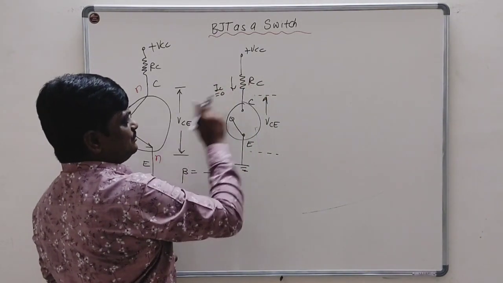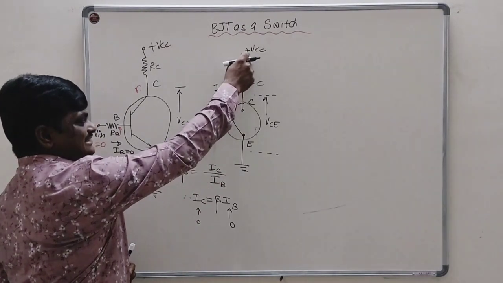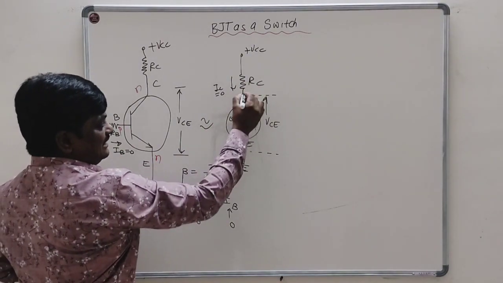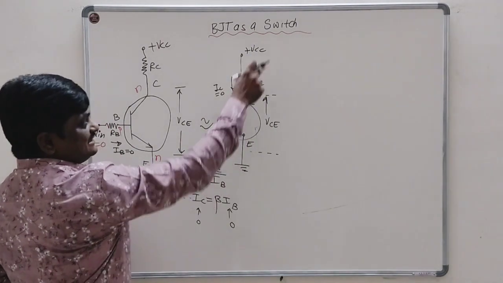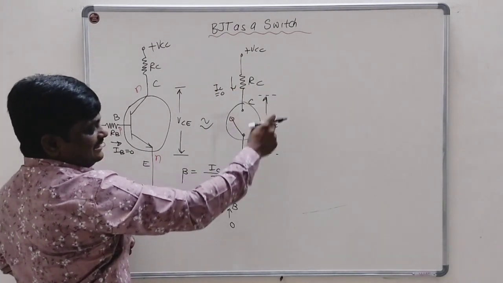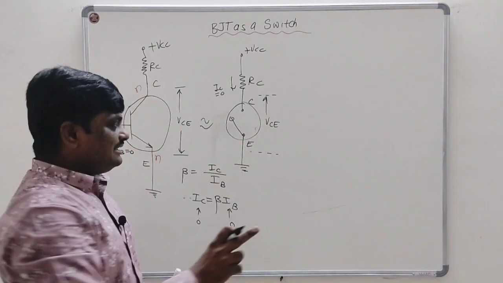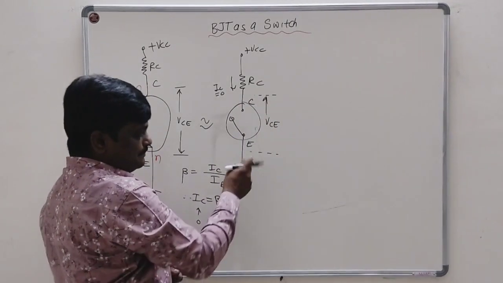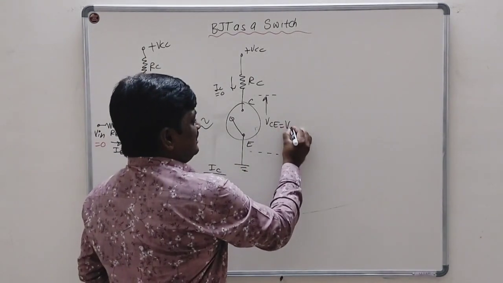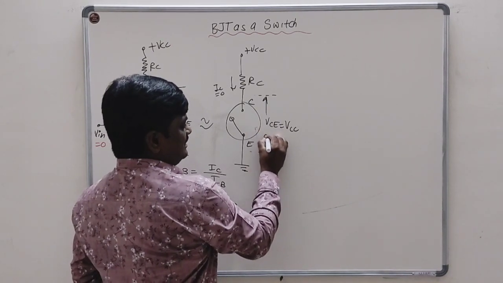It is 0, so there is no drop across RC. Hence the potential at one side of RC will be the same as that at the other side. So at the collector point, the potential is the same as VCC. Hence VC, which is equal to the potential at the collector minus the potential at the emitter, is equal to VCC minus 0, so it is equal to VCC. This is the value of VC in the cutoff region.